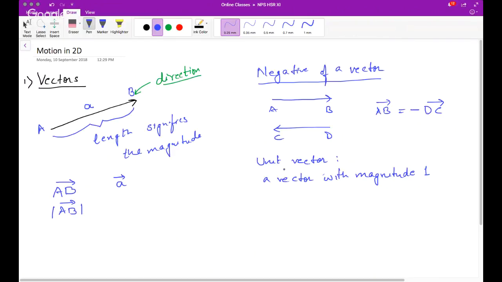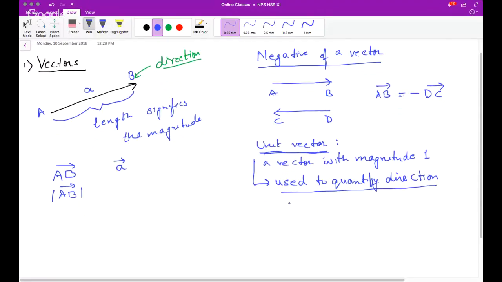Unit vectors are a very beautiful concept to quantify direction, because in this vector the magnitude is 1. That means you can just affix it to any particular direction and you'll get a vector in that direction. That's what unit vectors help us with.